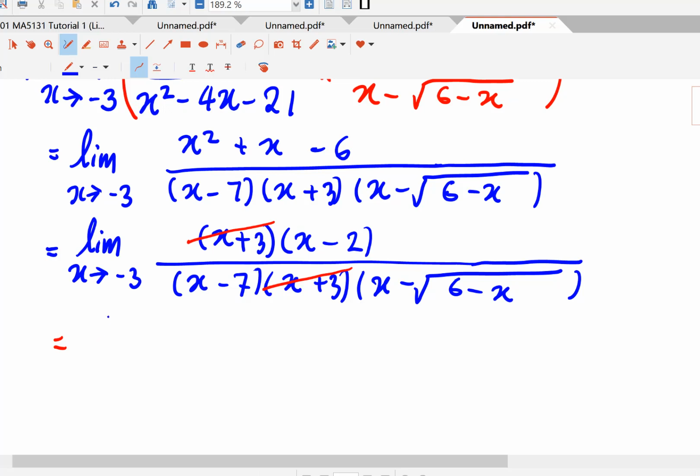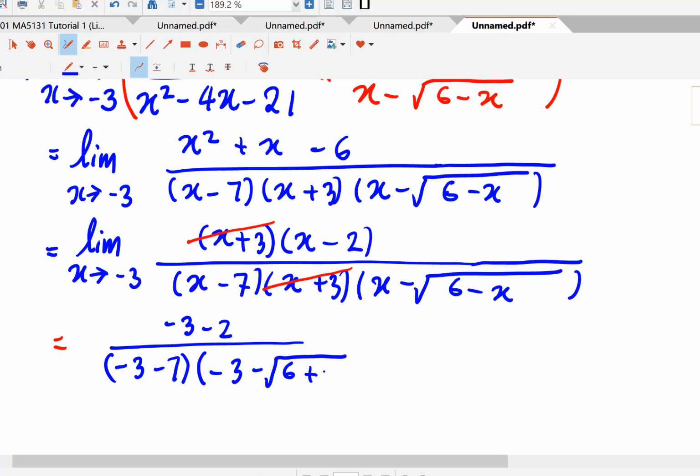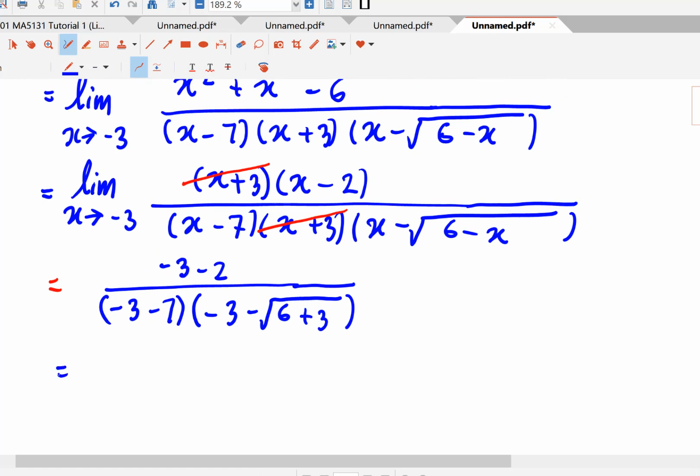Upon cancelling, you put x as minus 3, and in the end, minus 1 over 2.